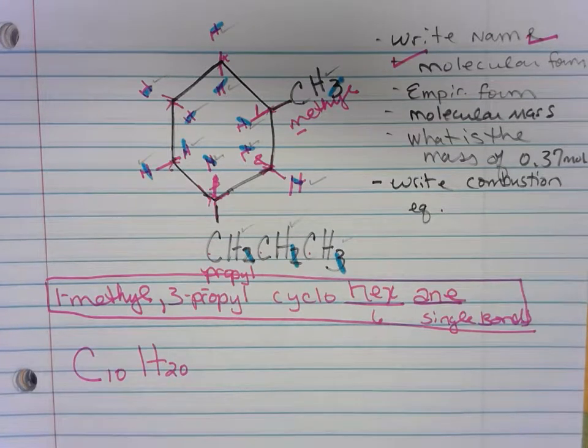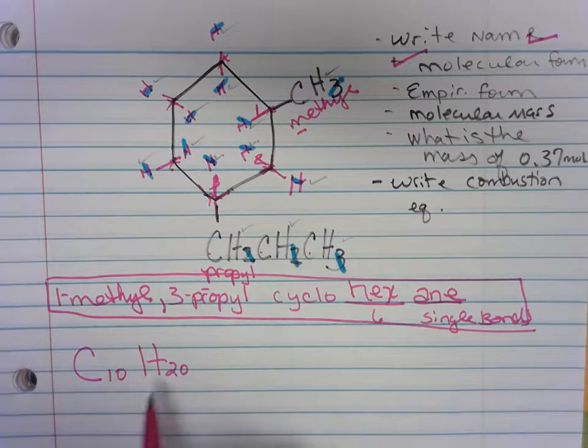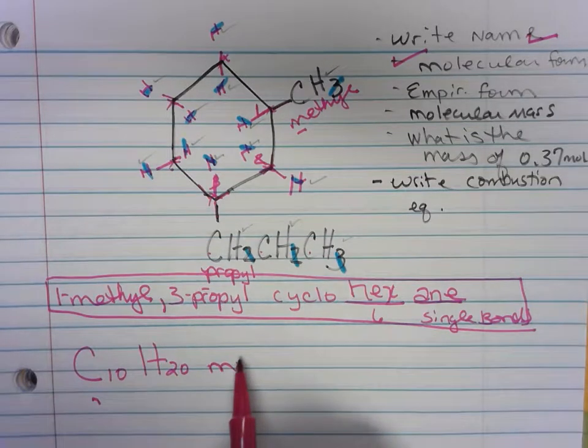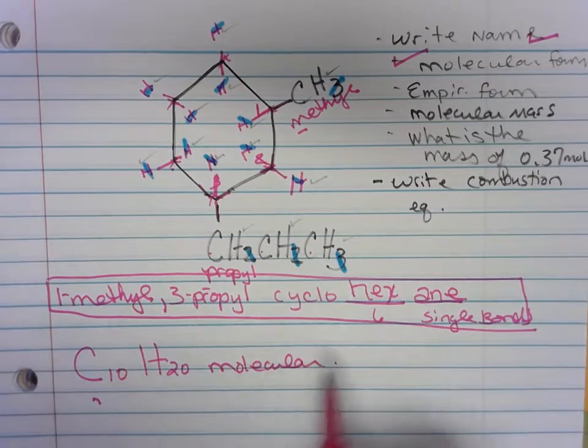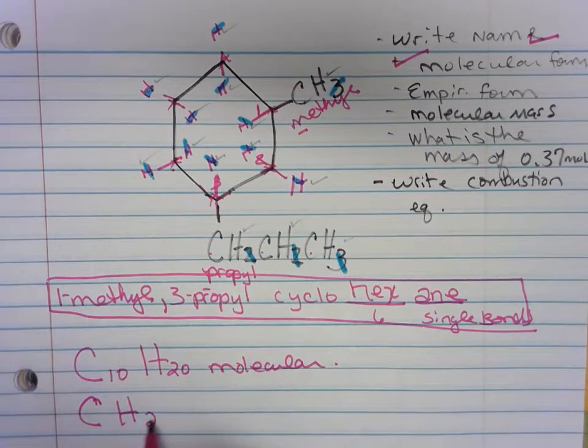Now, the empirical formula is going to be the lowest ratio. Both of them can be divided by 10. So the molecular formula is C10H20, but the empirical formula is going to be CH2.